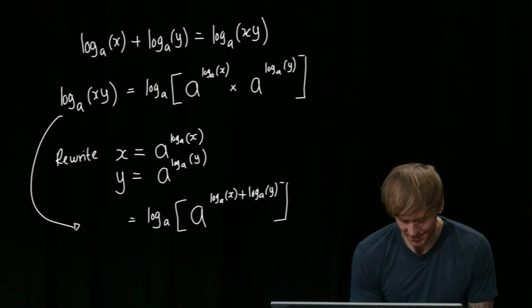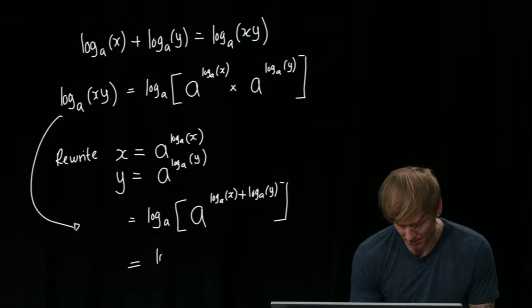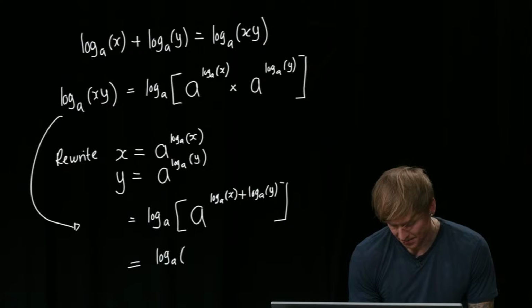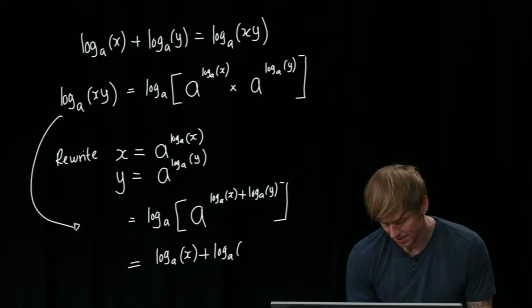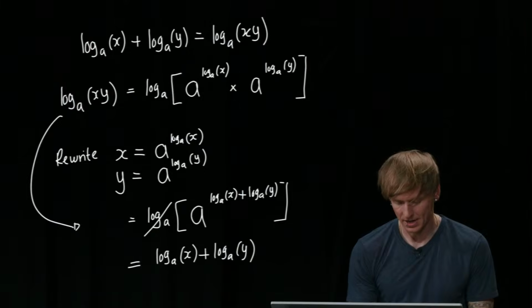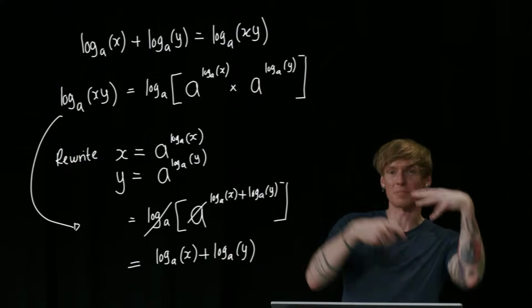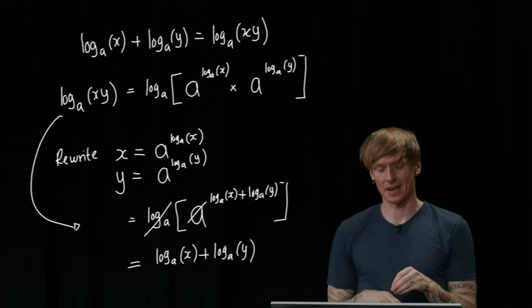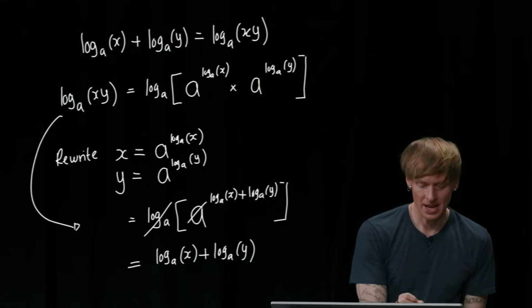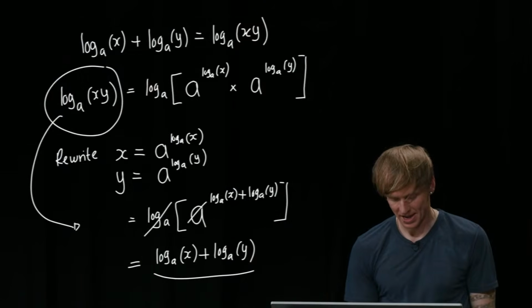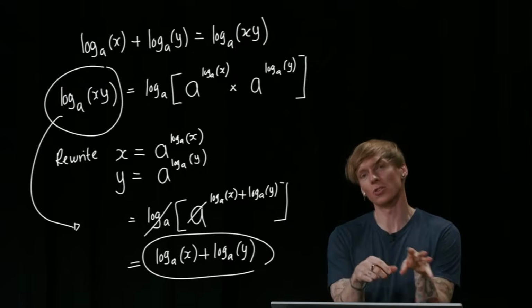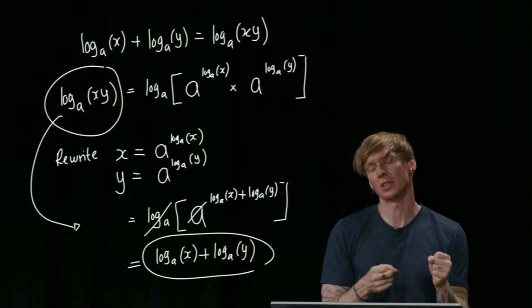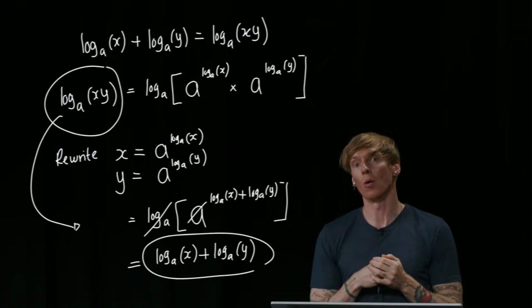So they cancel each other out, and we're just left with log base a of x plus log base a of y. And just to make that really clear, because they are cancelling each other out, they bring down that power of a. So we started from here, and we ended up here, showing that first law of logs to be true. And as we saw, that was by translating it and using the rules of exponents or powers.